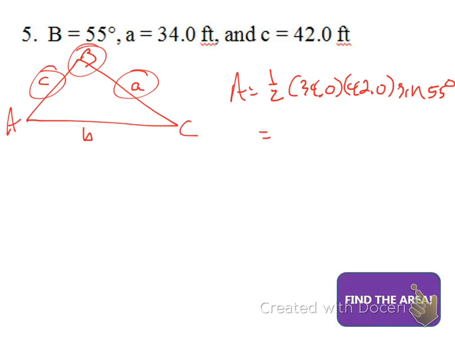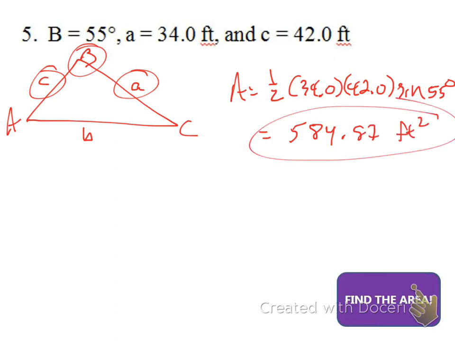Well, no problem. 34 times 42 times the sine of 55, then divide that by 2, and the area is 584.87 feet squared.